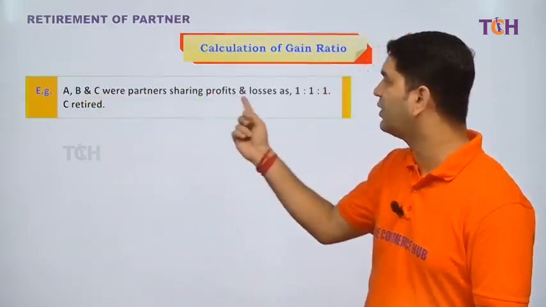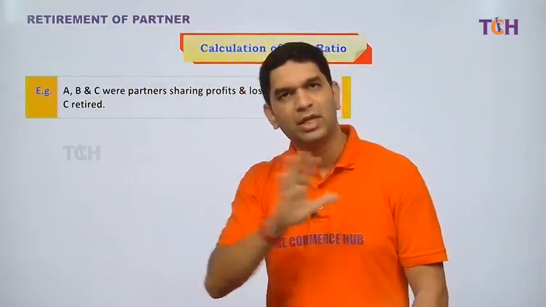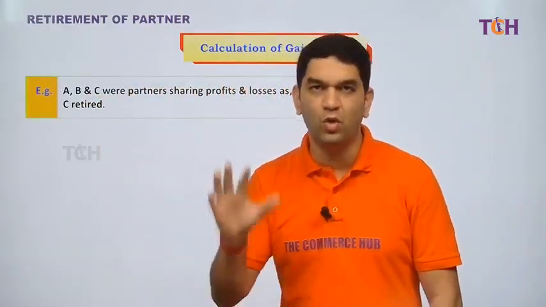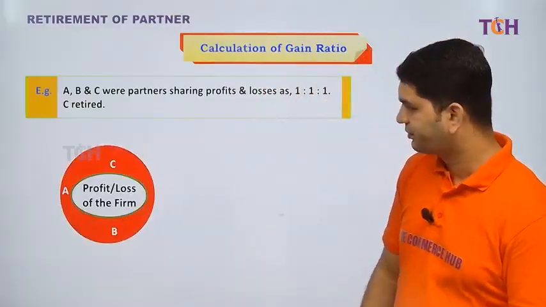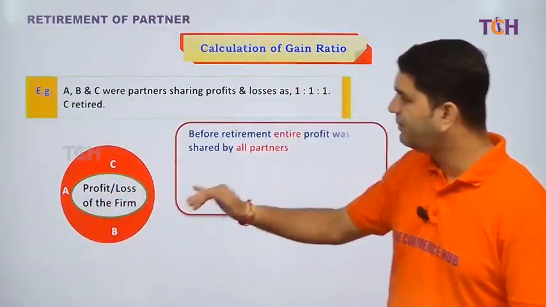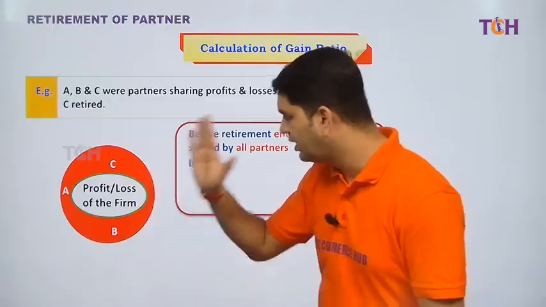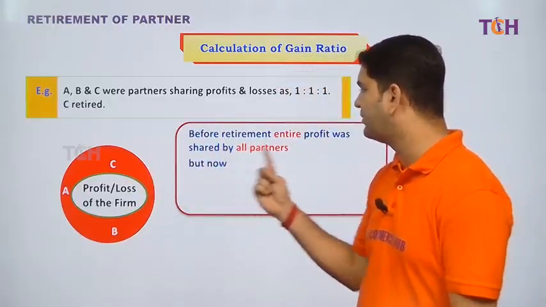A, B, C were partners sharing profits and losses as 1:1:1. C retired. So their old PSR is equal. Now, C is retiring. This was the total profit available. Out of that, A, B and C were sharing equal profits. Before retirement, the entire profit was shared by all the partners.